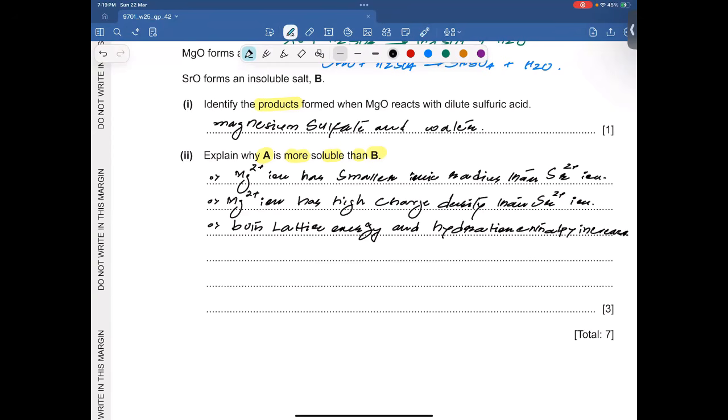But since hydration enthalpy plays a vital role here for the solubility of sulfates, hydration enthalpy becomes more exothermic as compared to lattice energy.